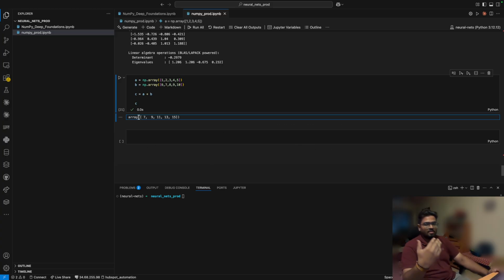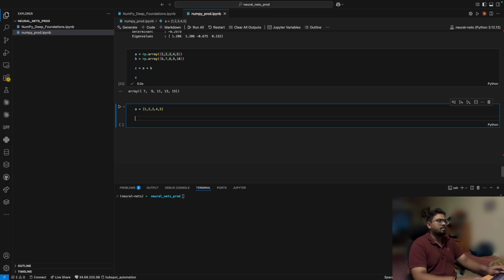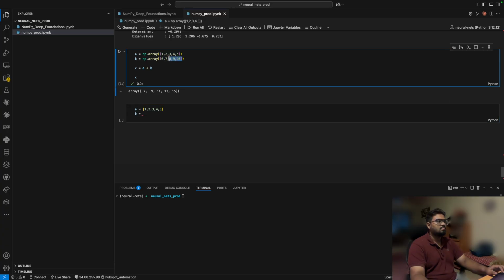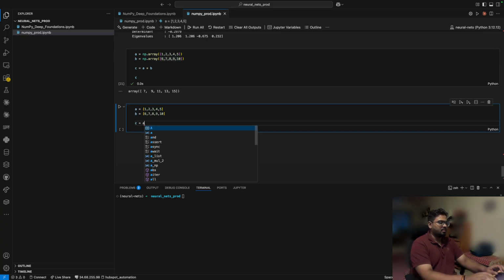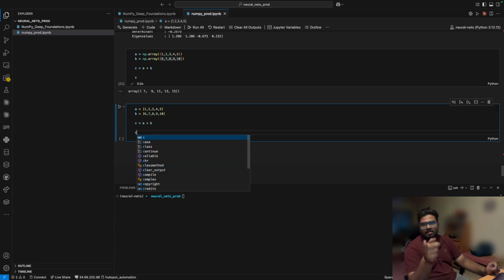But the operation in NumPy is not performed element wise, but rather in some different way. Now, if these A and B were pure Python arrays, let's write that as well. Let A be equal to this pure list, and B be equal to this pure list, and then C is equal to A plus B. Comment what the answer of this would be.